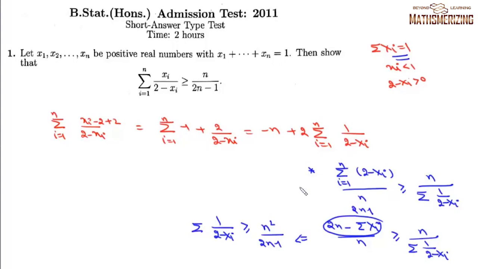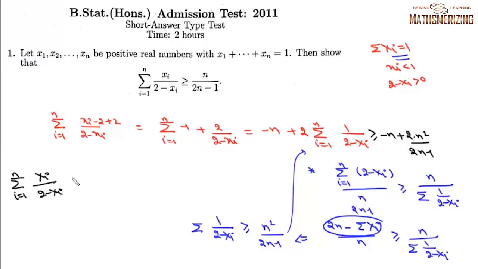Now we'll come back to our original expression. From here we can say this expression is always greater than or equal to minus n plus 2 into, for this summation, we can replace it with n square upon 2n minus 1. So we can write the summation, i varies from 1 to n, xi upon 2 minus xi, is greater than or equal to, now we'll take 2n minus 1 common, and then it will be minus 2n square plus n plus 2n square.